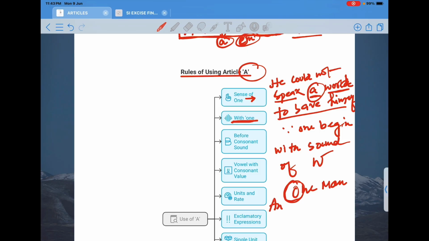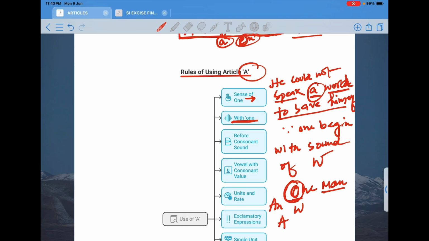But here in this case it is an exception. How is it an exception? Here in "one man", "one" sounds like W, so in this case we will use "a". So this is an exception, so this is a rule.